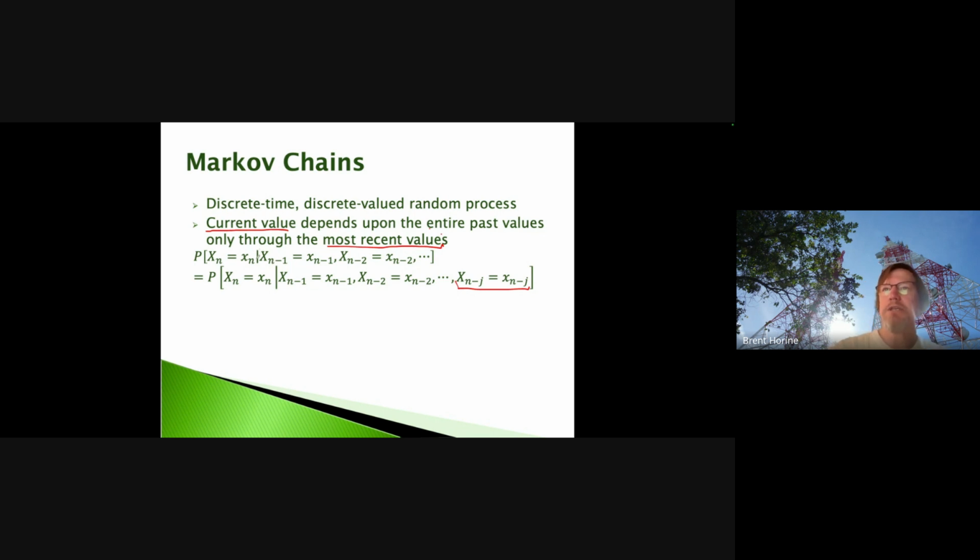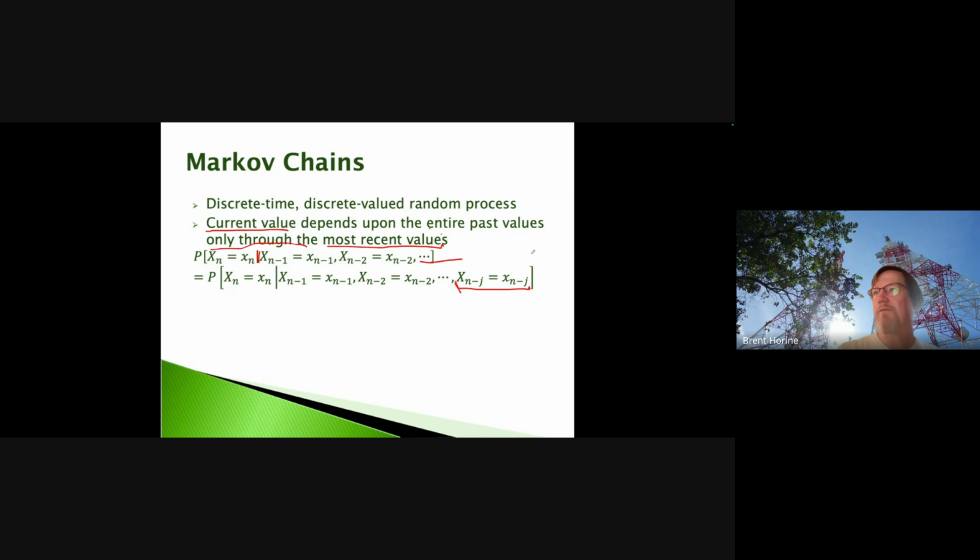is conditioned upon all its past values, dot, dot, dot, out to forever, right? So the entire past values, but only through some set of most recent values, right? So we only have to look out to these J previous values to understand all of that, right?